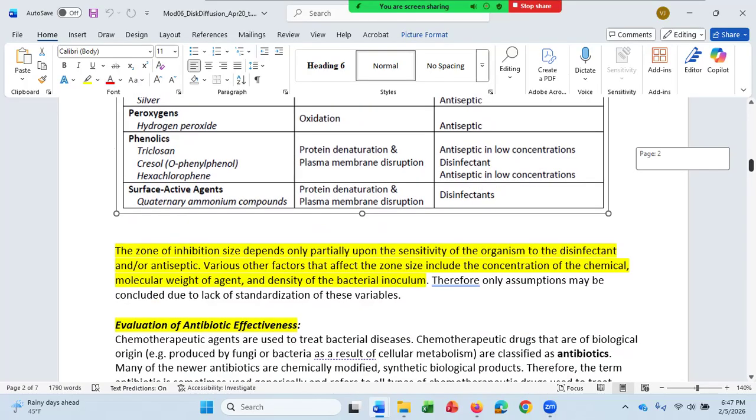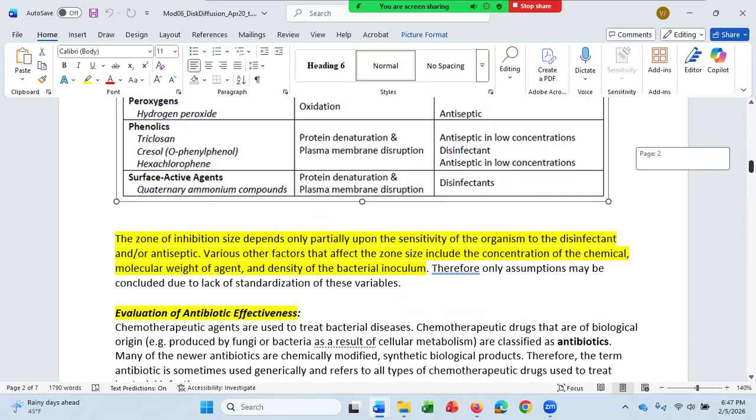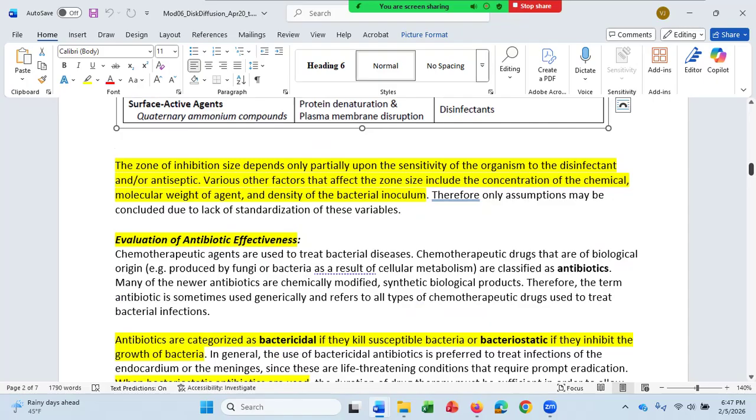All right. So the zone of inhibition size depends only partially upon the sensitivity of the organism to the disinfectant or the antiseptic. Various other factors affect the size of the zone of inhibition, including the concentration of the chemical. The more concentrated the chemical, generally the larger the zone of inhibition. The molecular weight of the agent: the larger the molecular weight, the smaller the zone of inhibition.